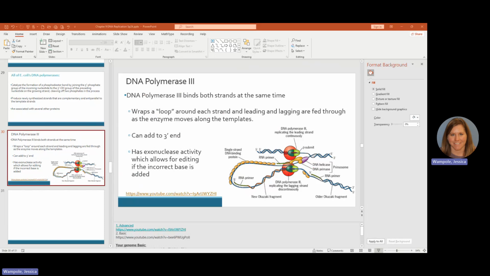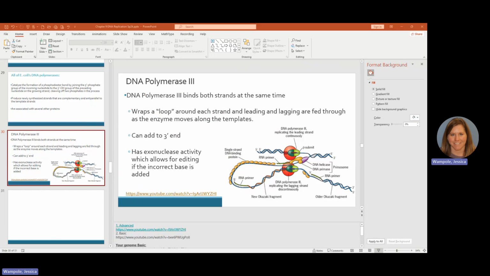But these little fragments are not connected to one another, because DNA polymerase can only make that 3' OH to 5' phosphate bond. What it cannot do is connect this phosphate over here to this oxygen over here. And so we need one more enzyme.